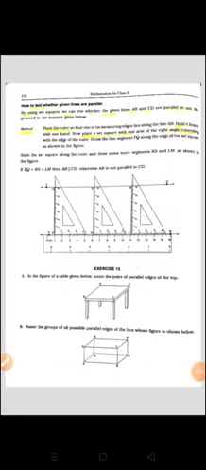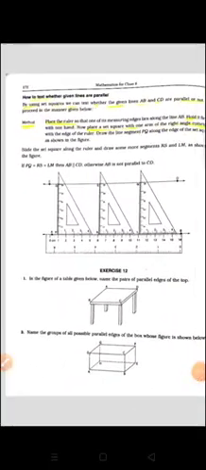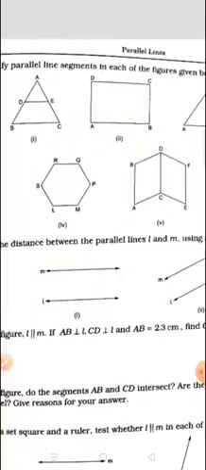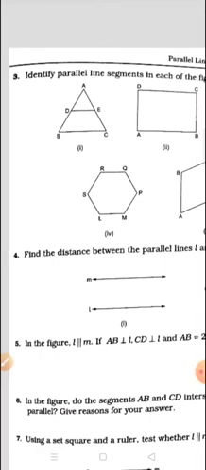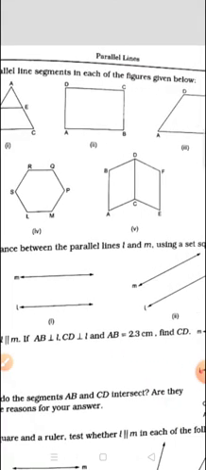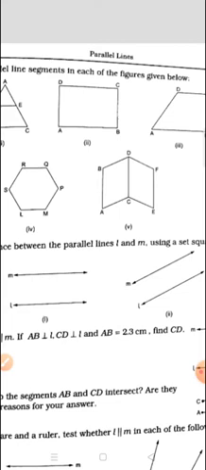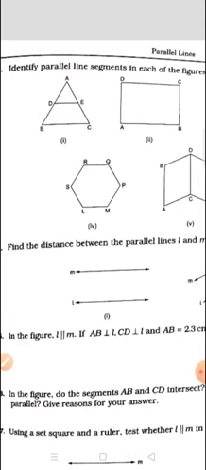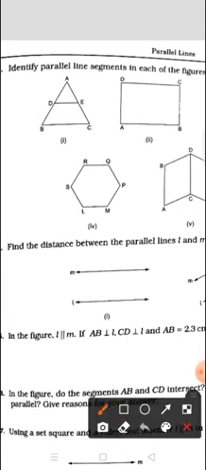Now some more questions. Question 3. Identify parallel line segments in each of the figures given below. You have to identify the parallel lines. So you have seen here AD is parallel to BC.